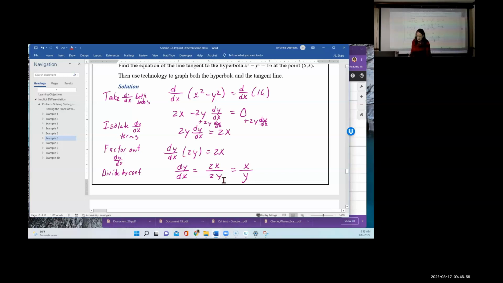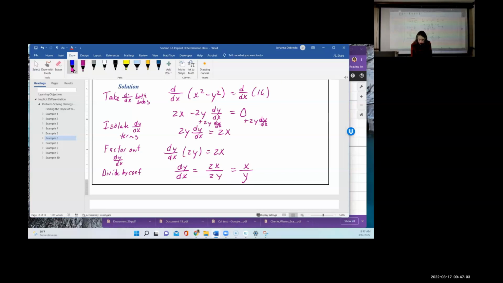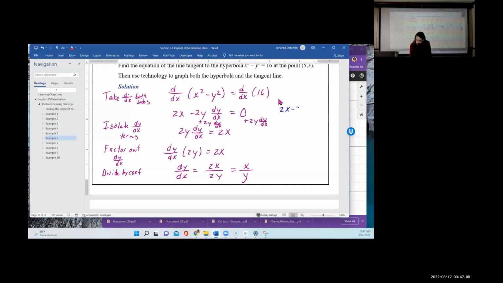All right. So for example, let's just do it over here to the side. I'll change color so it pops out. So Trevor is asking what would happen if I were to replace dy dx here at this step with what it's equal to, which is x over y. And what would happen is you would get a true statement.